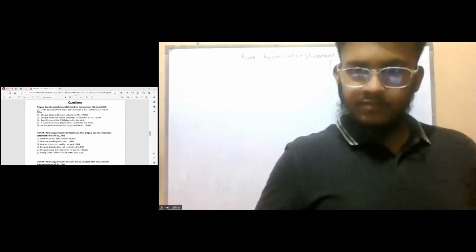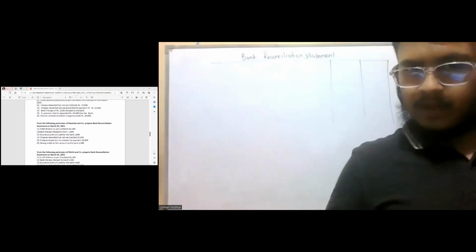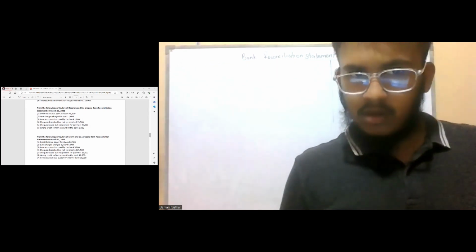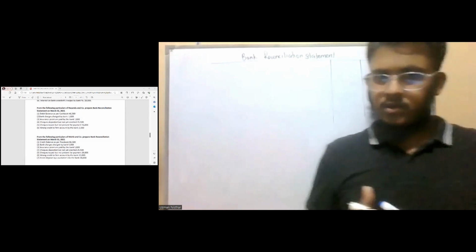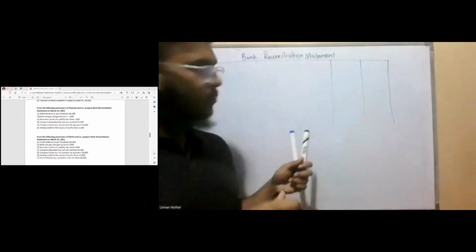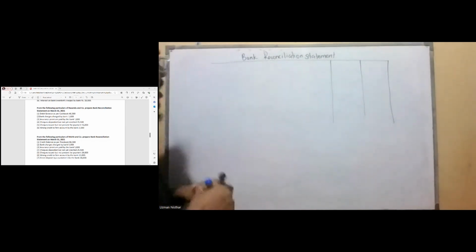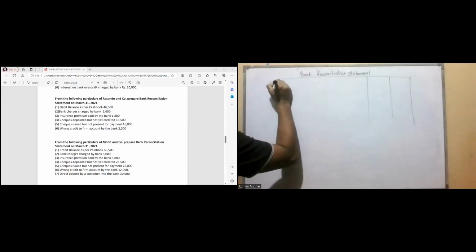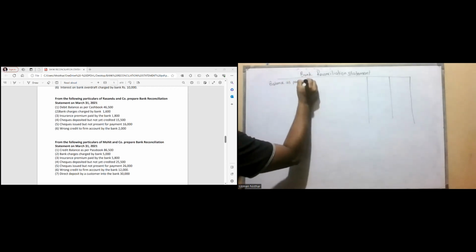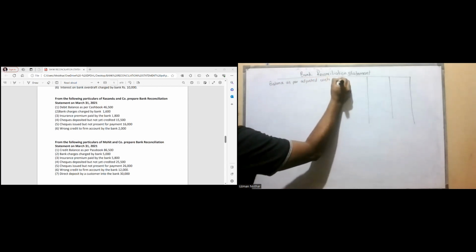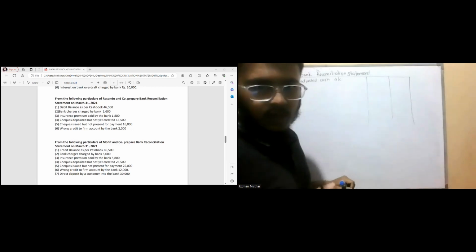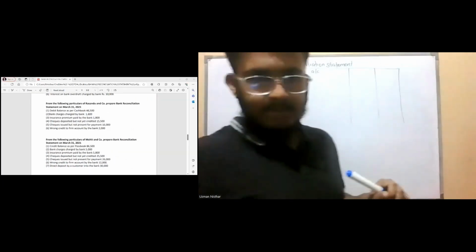So let's prepare it. Balance as per the cash book, it's a debit balance.